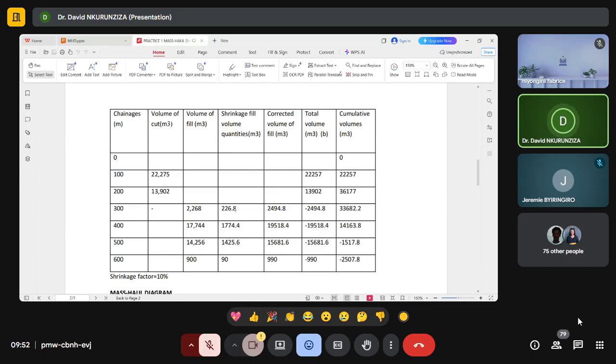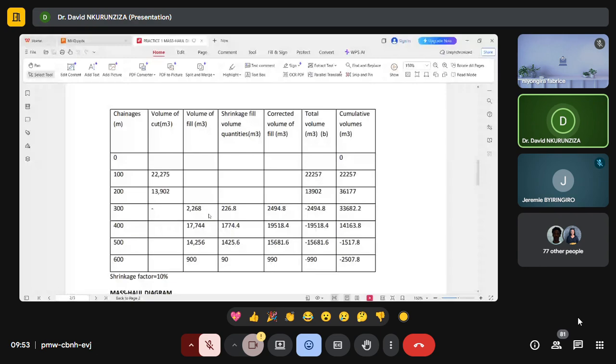We shall explain it later on. So here you can see in this exercise that has been given to the students, for the cut materials, there was no problem with the bulking, with the expansion, if you can say. So what you excavate is what remains. It was just an assumption.